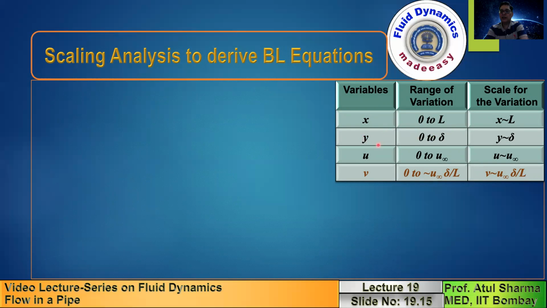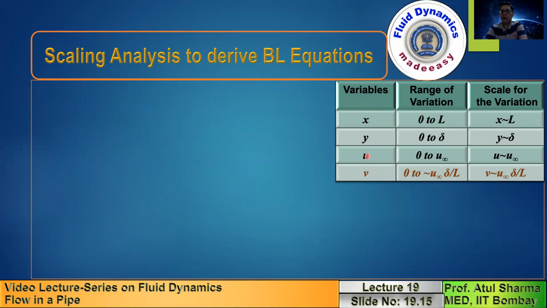Along the y direction, in boundary layer flow, the dimension varies from 0 to delta. This delta is increasing along the flow direction, so delta is a function of x. So x is of the order of L, and y is of the order of delta.